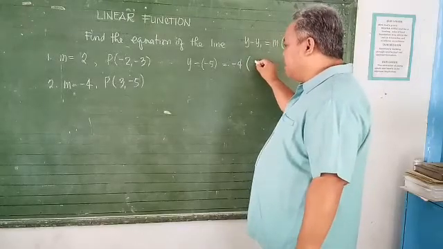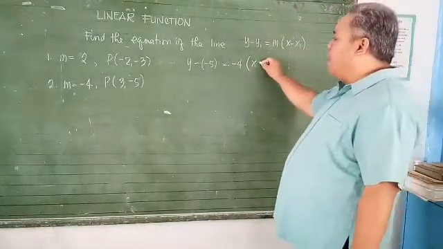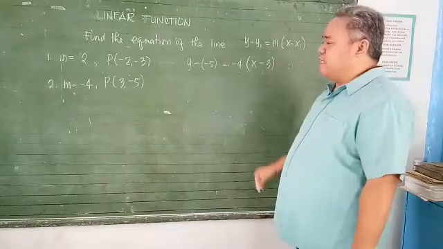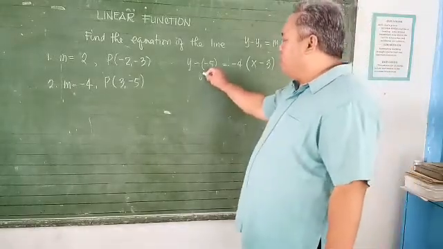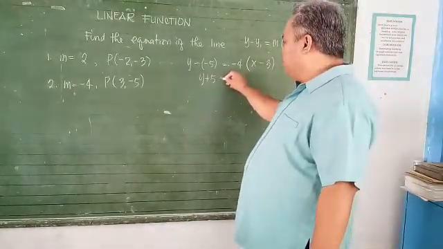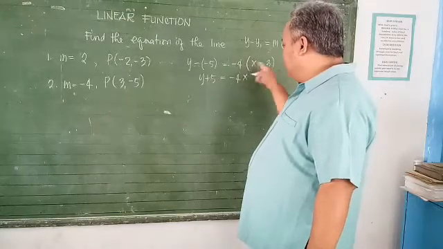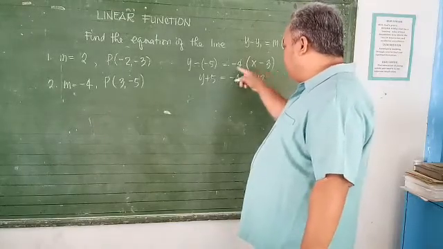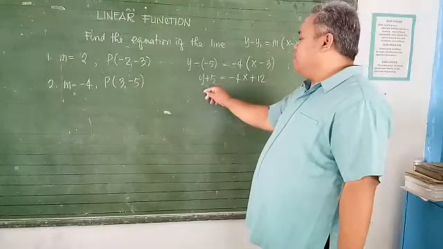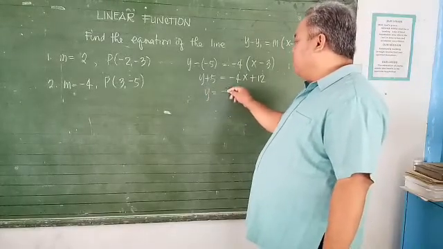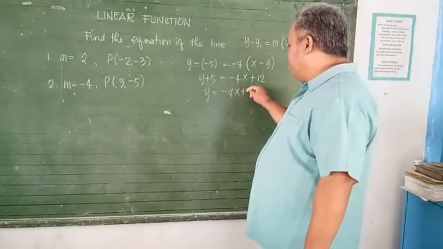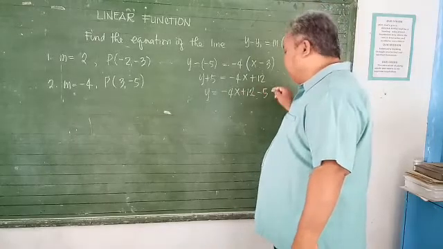Then x minus 3. There. So, there it is. So, this is y plus 5 is equal to -4x plus 12, because both are negative, so it becomes positive. So this is y is equal to -4x plus 12 minus 5.